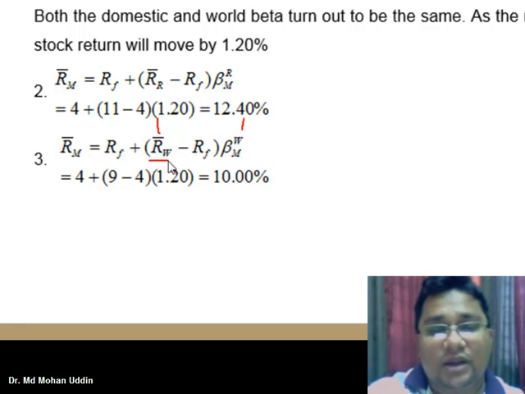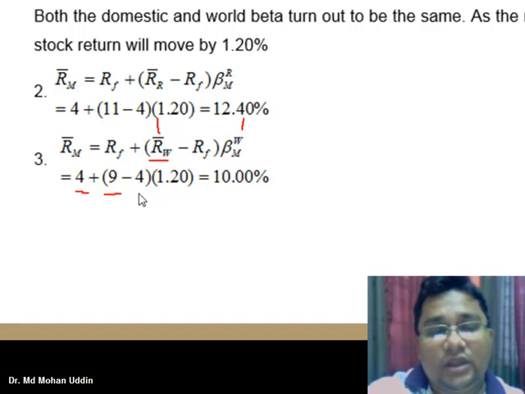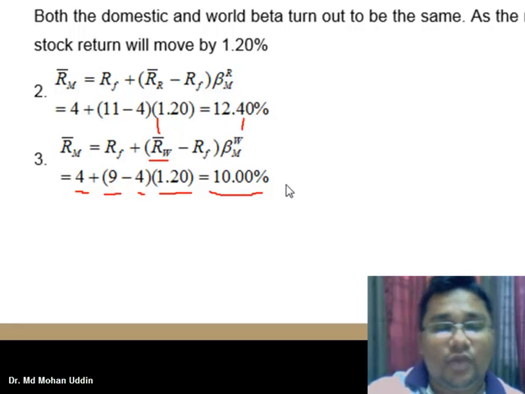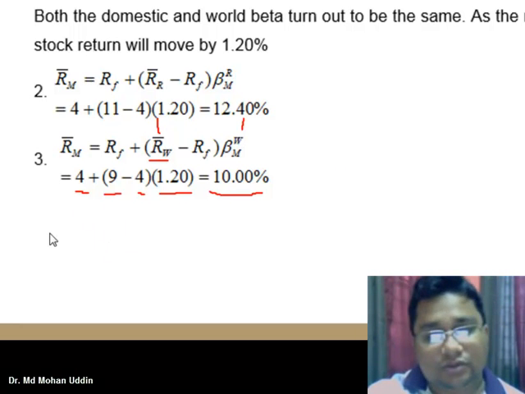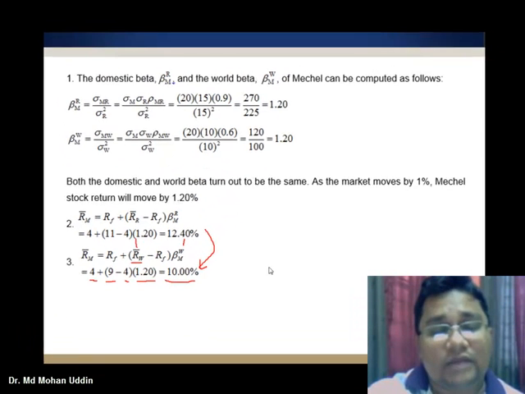Because now our market is the world market, and the return of the world market is 9%, risk-free return 4%, so 9% minus 4% times world beta 1.20. So we get 10%. The expected return on equity is also the cost of equity, so the cost of equity is less if the market is internationalized.